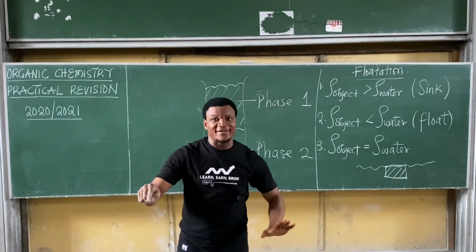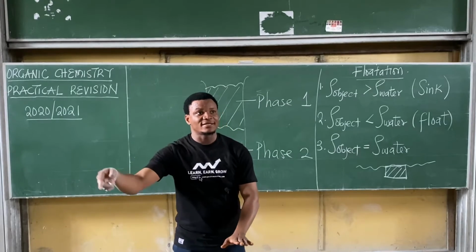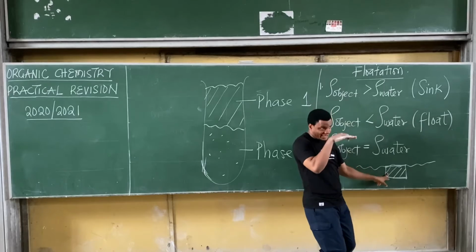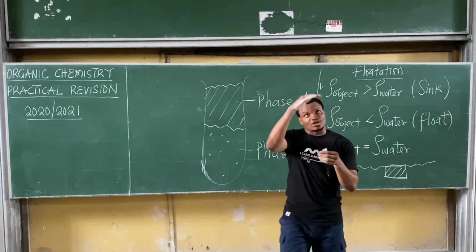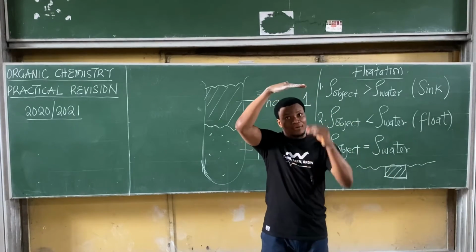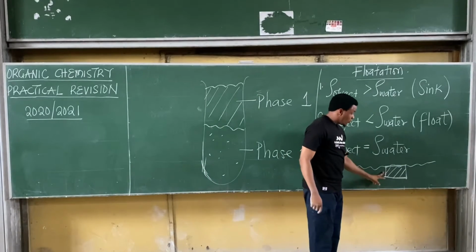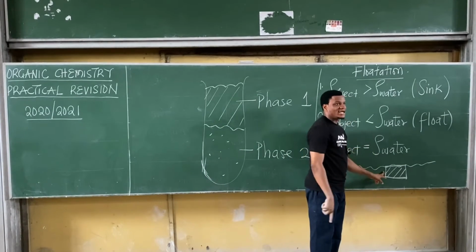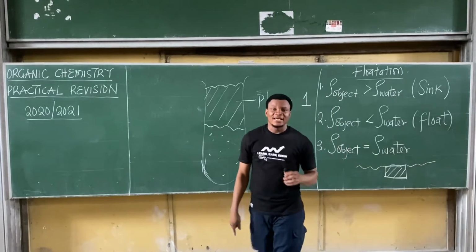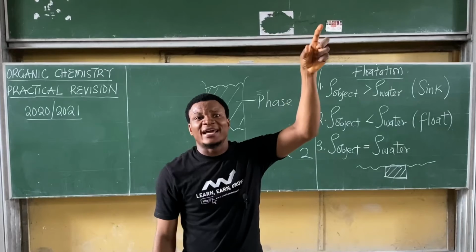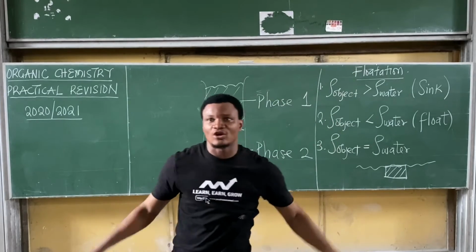If it sinks, it's more dense. If it's equal, it will float, but totally submerged. So you see it there, but it's under. In essence, the one that will be at the top is the one with the lighter density. Simple concept.